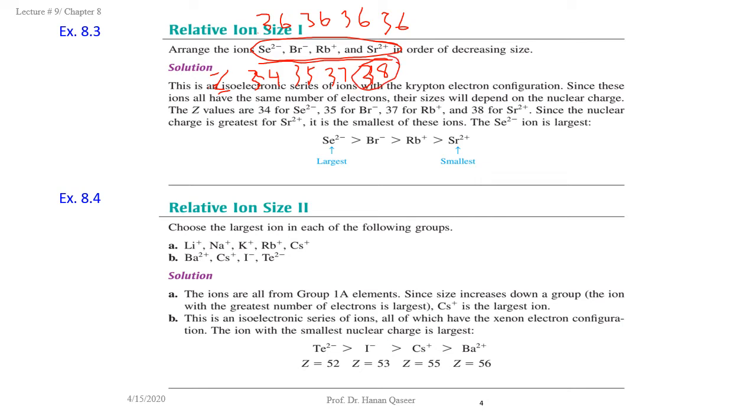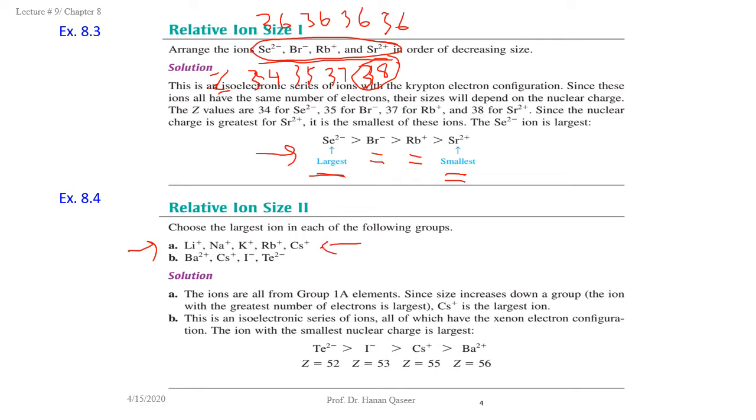So the order will be Se2 minus has larger size than Br minus, then Rb plus, then Sr2 plus.